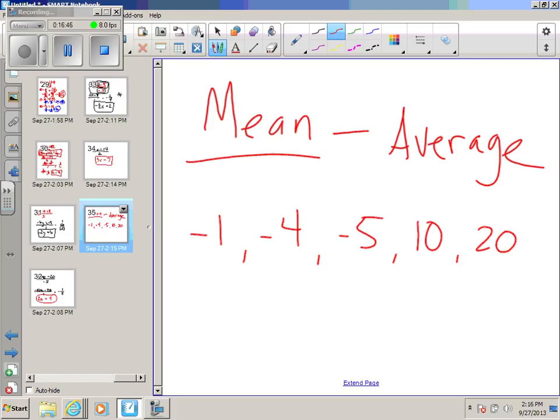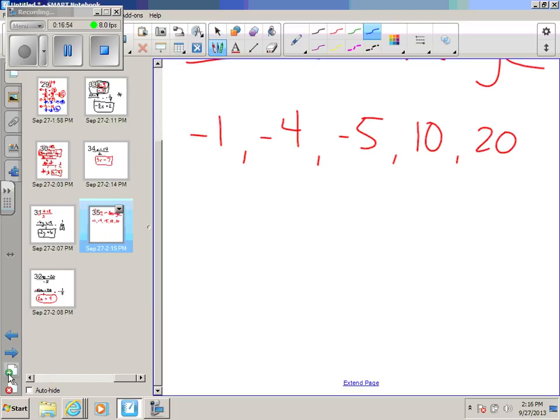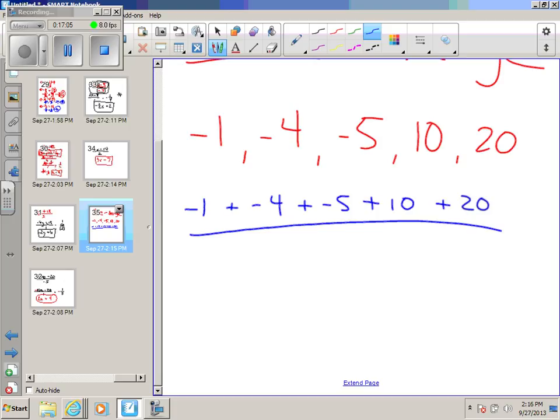Those are average temperatures for 5 days in January. Makes sense, right? So what I would need to do is add all these up, and then divide by the number of numbers. 1, 2, 3, 4, 5.